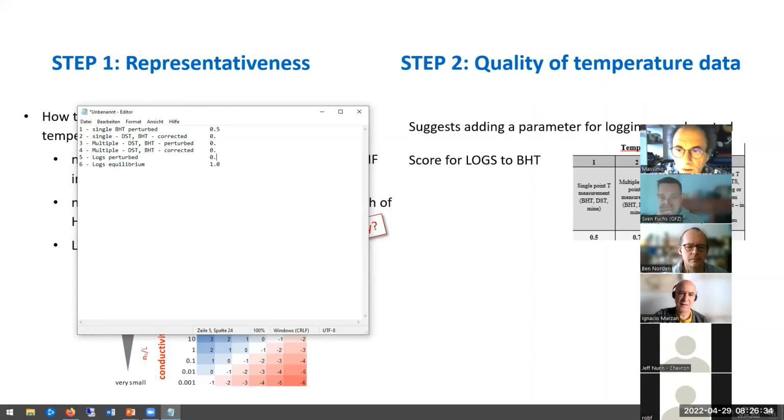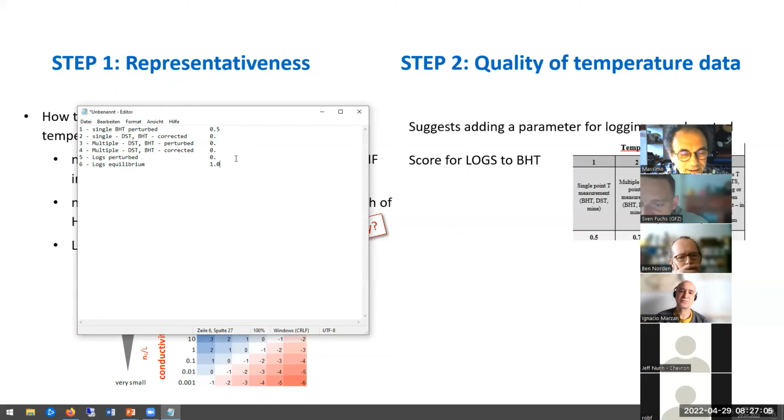Massimo. Okay, so I fully agree there with these 6 categories, but I have a concern about the ranking between the 4th and the 5th level. I'm not sure, but this is just my opinion.